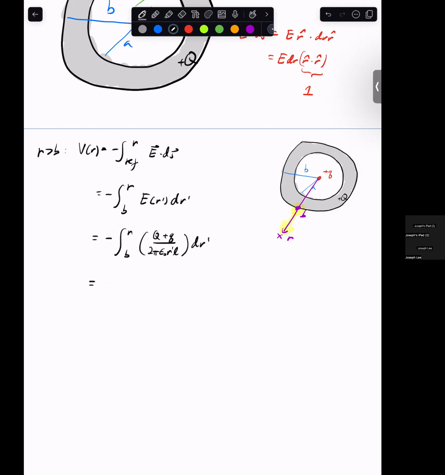So I'm going to pull out all the constants, and this integral here is the natural log.